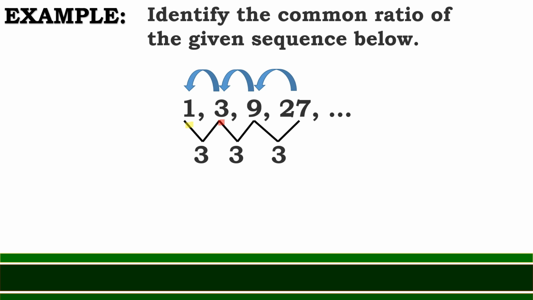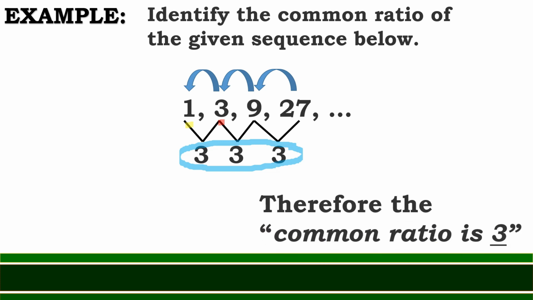So it means, dahil pare-parehas yung nakuha nating quotient nung dinivide natin yung succeeding term at previous term, ibig sabihin, ang common ratio natin is positive 3. Okay. Sige, try ulit natin.